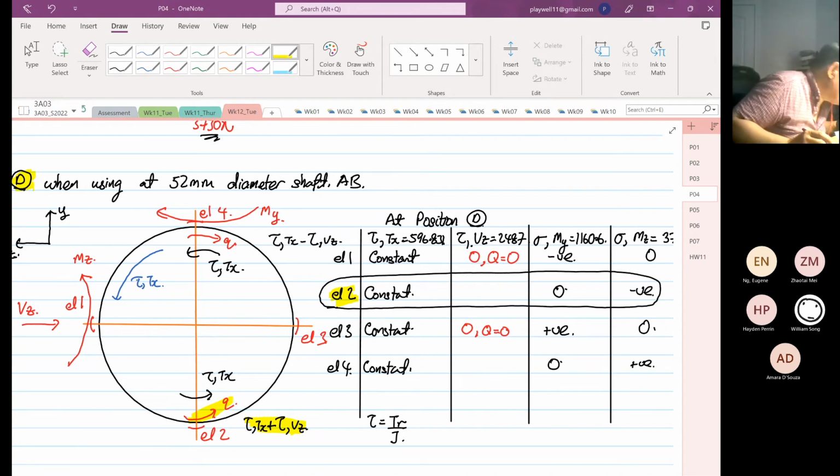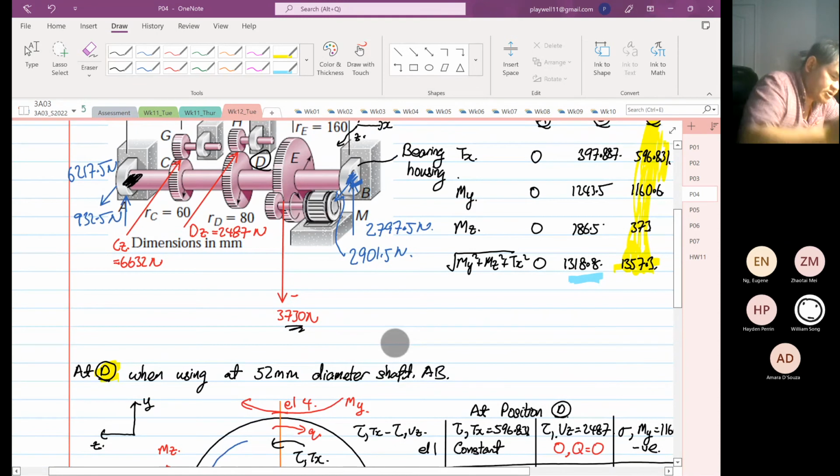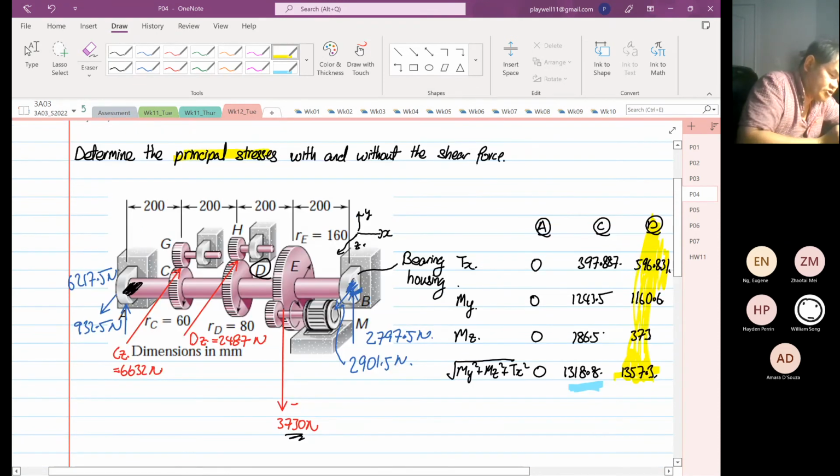Okay, so that is what we are going to do. Now there's a formula. What we are going to do is to include the shear force. Okay, so what we are going to do down here, just to recap, is to calculate the principal stresses.